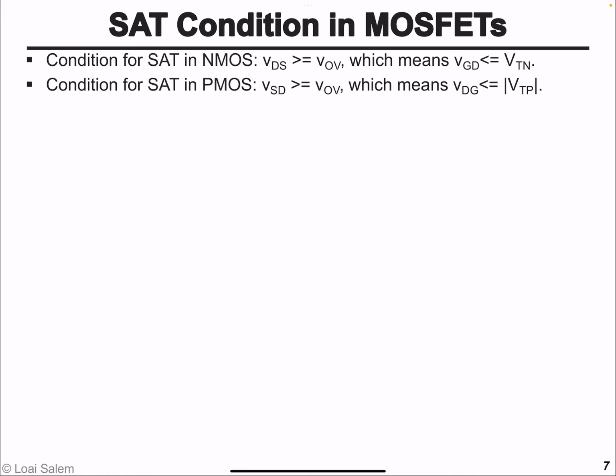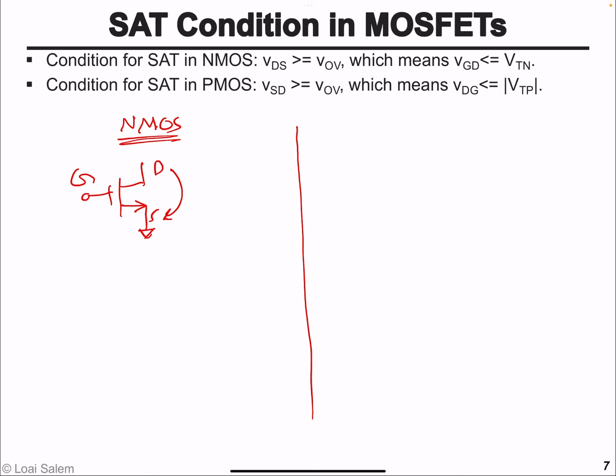Now, a second observation about the saturation region of a MOSFET. For an NMOS, this is the source, drain, and this is the gate of the transistor. The condition to be in saturation is that VDS should be larger than or equal to VGS minus VTN, or essentially the overdrive voltage.